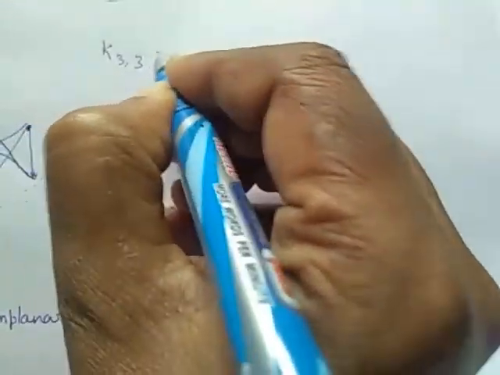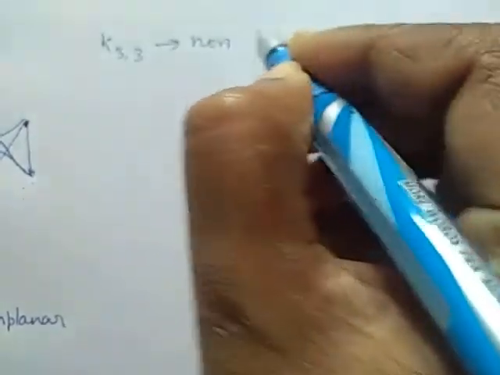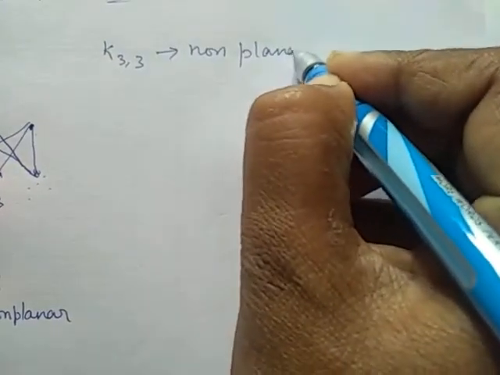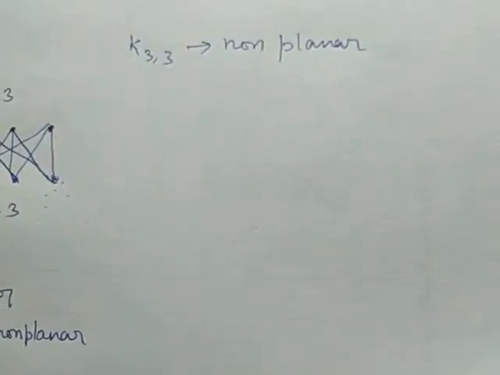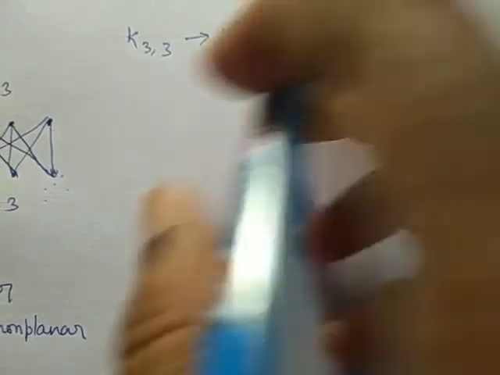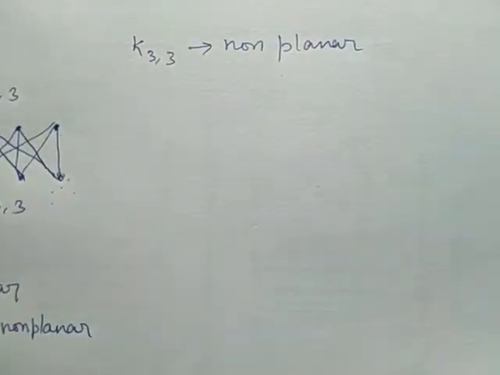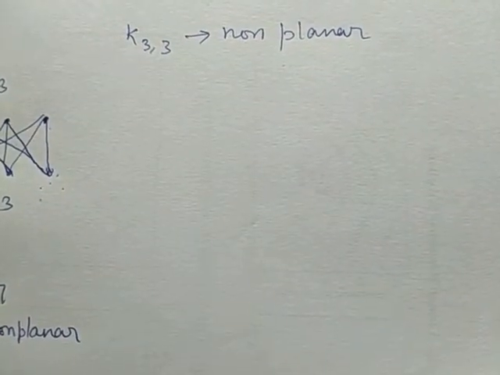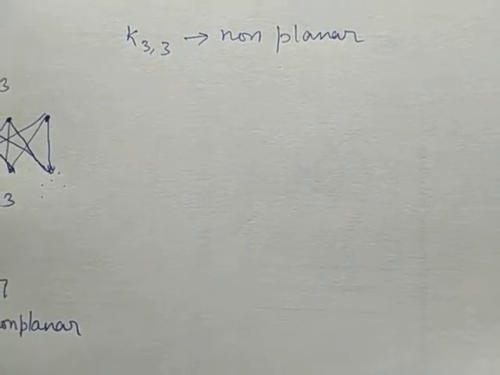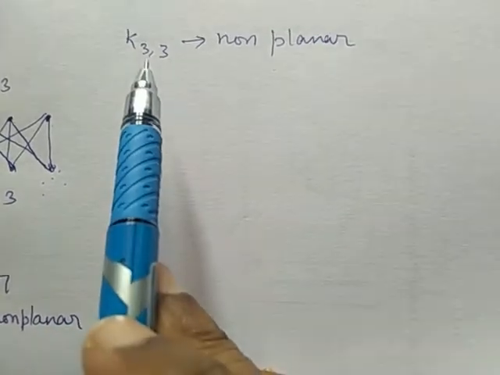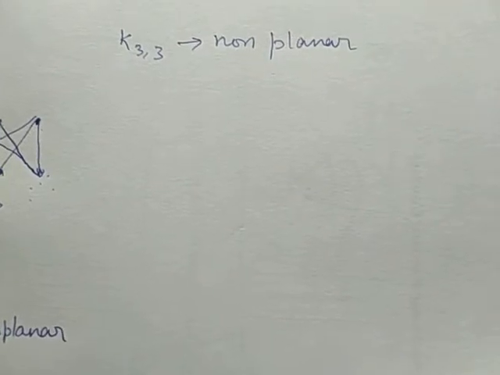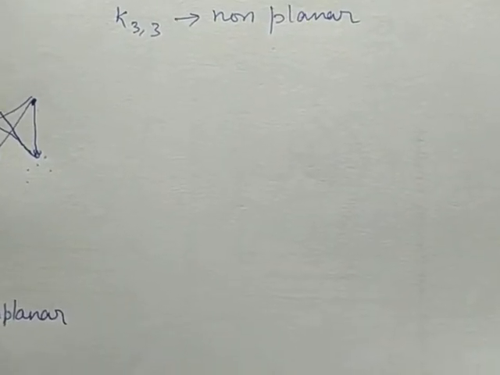Now, we will prove K3,3 is non-planar. I already told, if a graph has K3,3 as its subgraph, then it is non-planar. So, first of all, we have to prove whether K3,3 is really a non-planar graph.